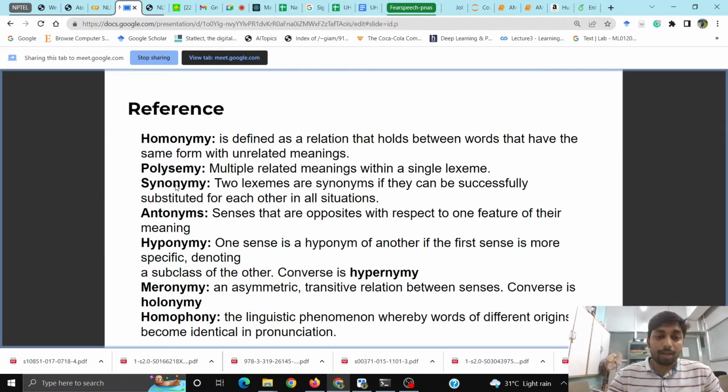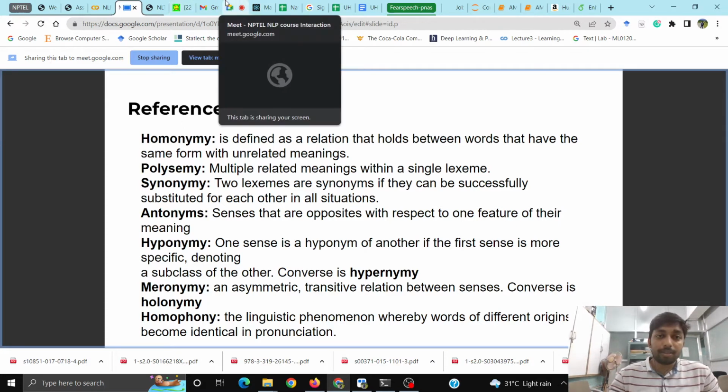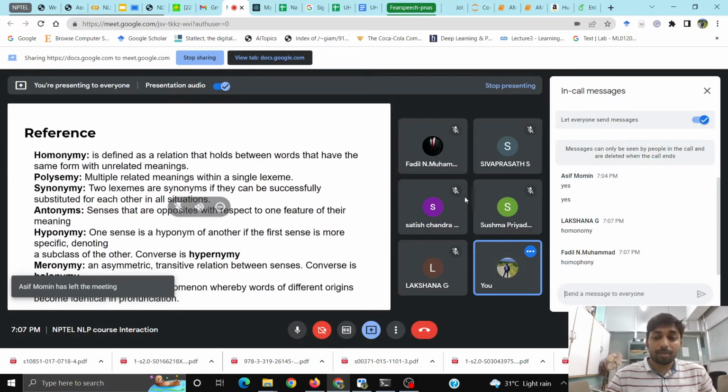No, not exactly. That holds between words that have the same form with unrelated meanings. So the words should be the same here. Here the words are caste, that is CASTE, and cast, that is CAST. That is not it. Homophony is the correct answer.